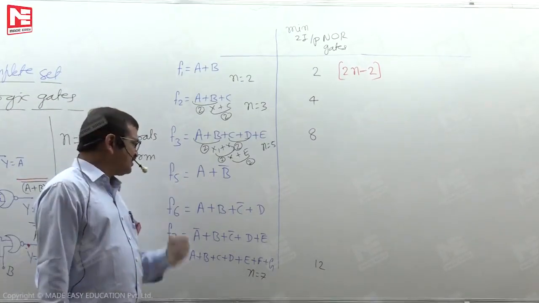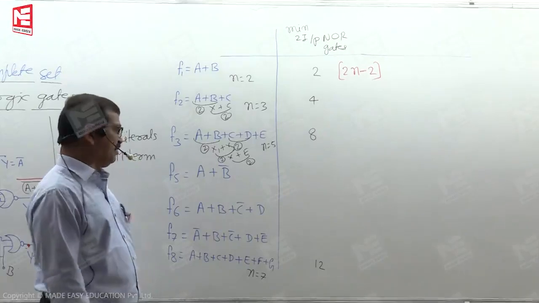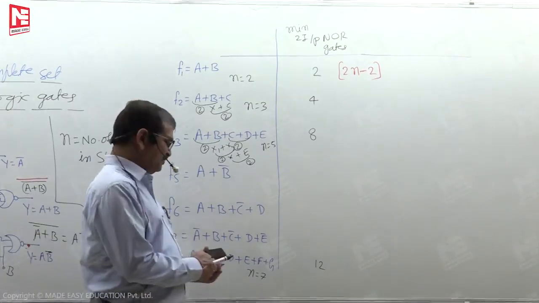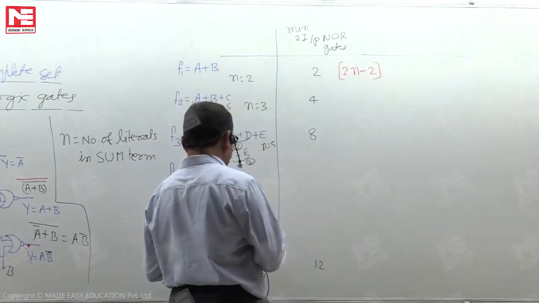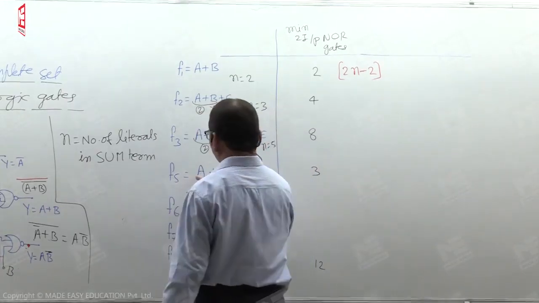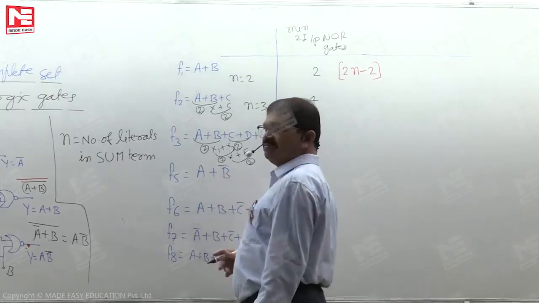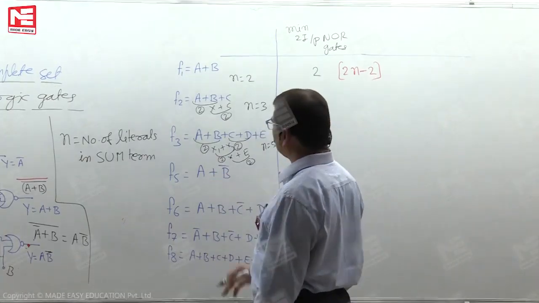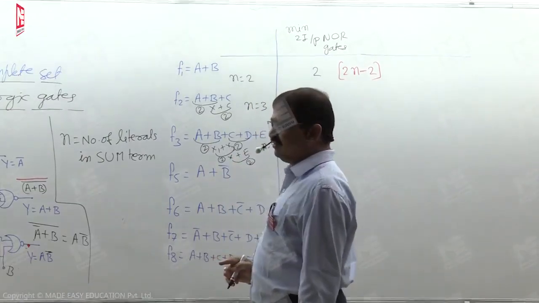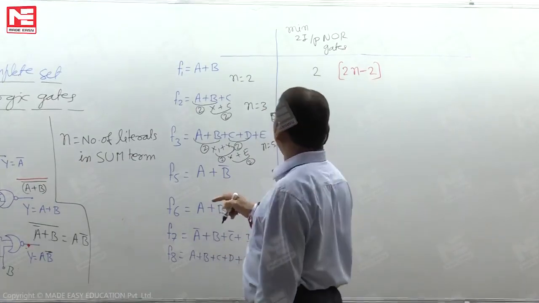Now let us come to the case, suppose F5, where one of the variables is complemented, A or B complement. In that case, the answer should be 3. The reason is, for A or B complement, we need 2 gates, assuming B bar is available. But truly speaking, B bar is not available. To get B bar, we need 1 more gate.